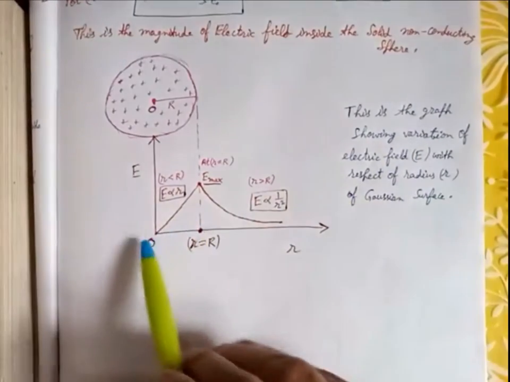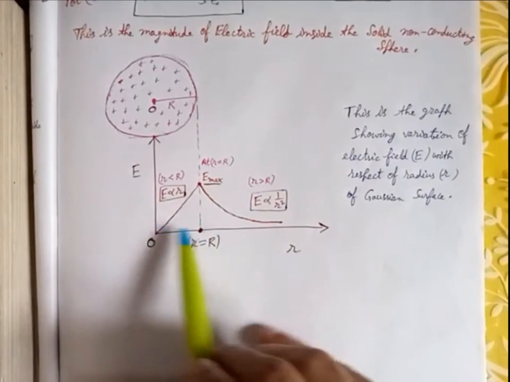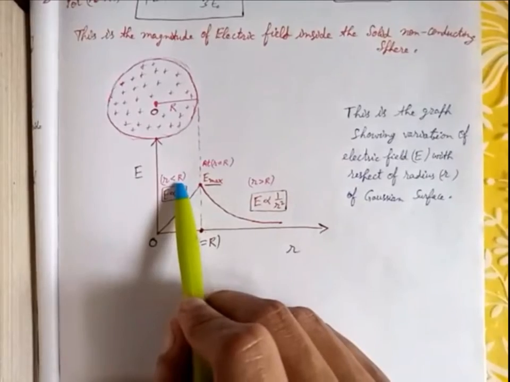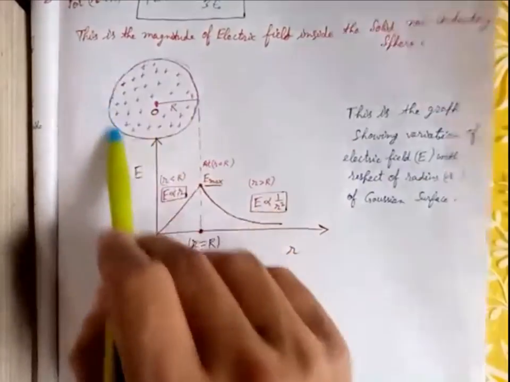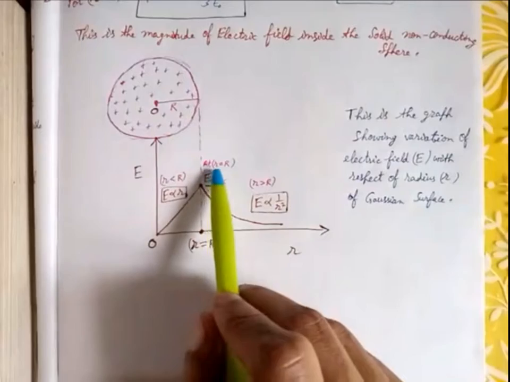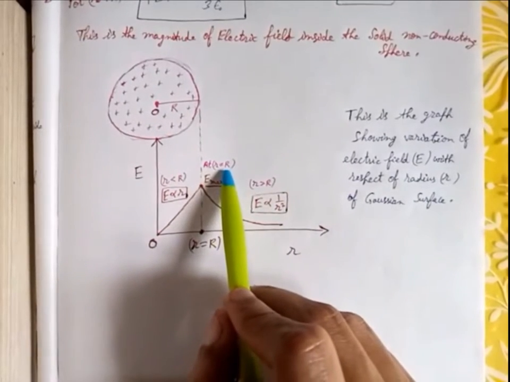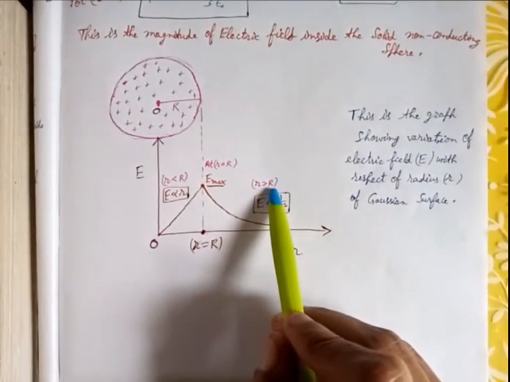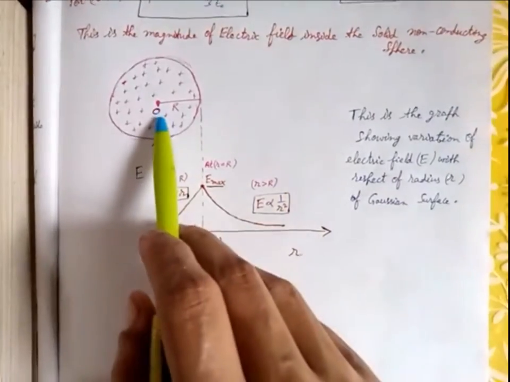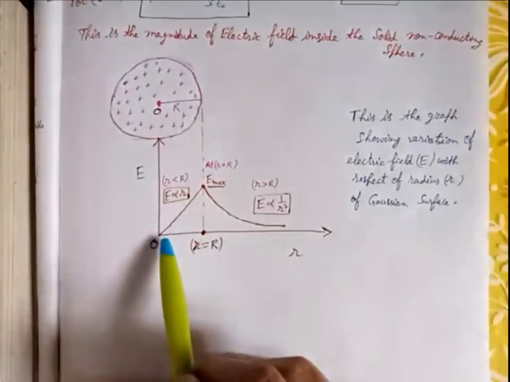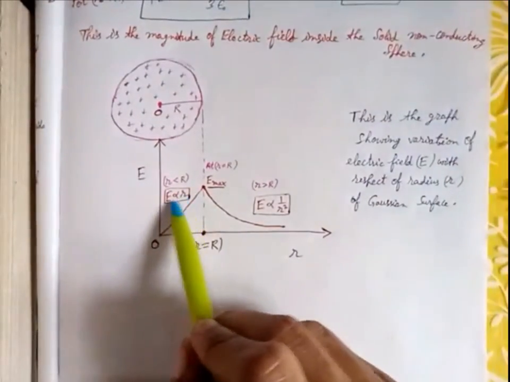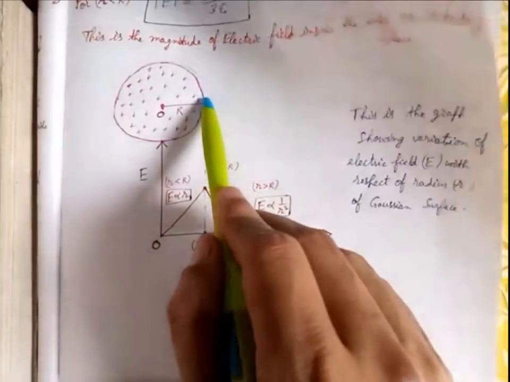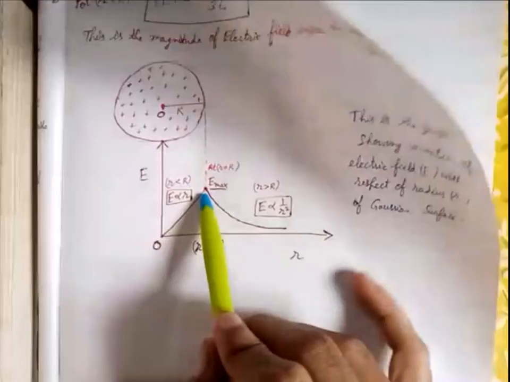So this graph is showing three regions. One region is small r less than capital R, the radius of this spherical shell, the second region is small r equal to capital R, and the third region is small r greater than capital R. Inside the shell, the electric field is directly proportional to the distance small r, and at the surface of the shell the electric field is maximum.